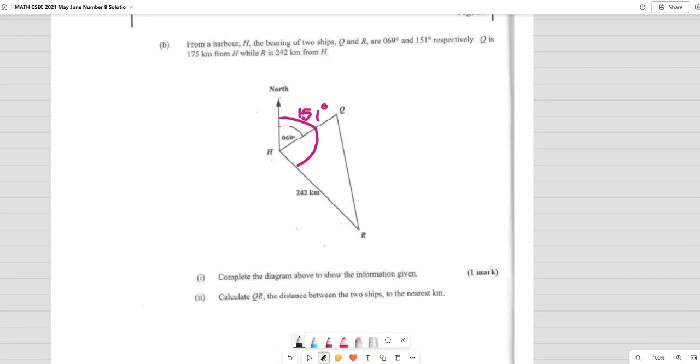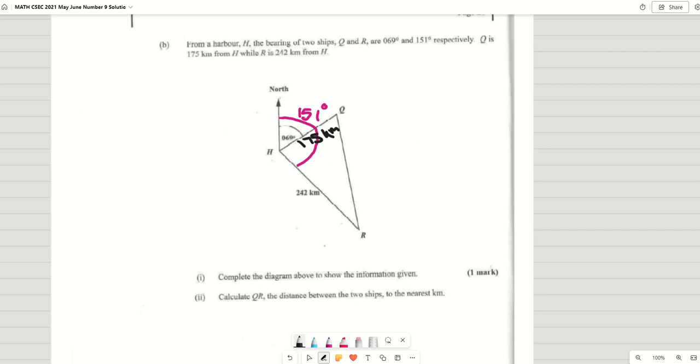I'm just going to put that in black. 175 kilometers. Alright, while R is 242 kilometers from H.